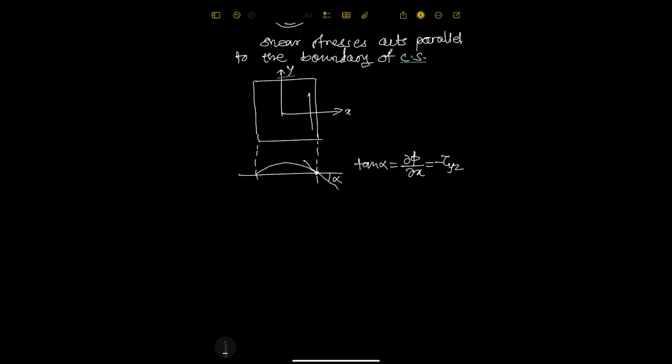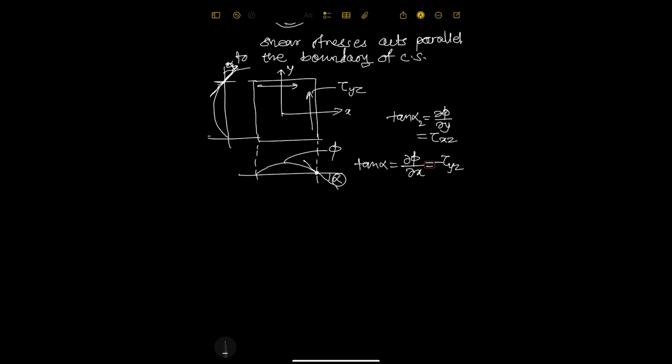So at this point we can calculate this tau yz using this angle alpha, and this is the surface P. Similarly for y-axis, this will be the angle alpha 2, then tan alpha 2 is equal to dou P by dou y, which is equal to tau xz.